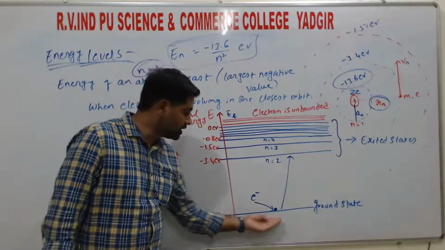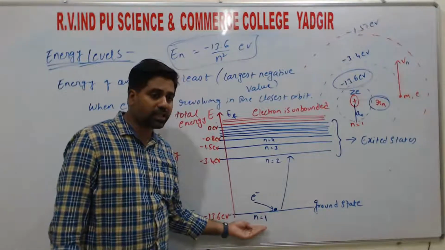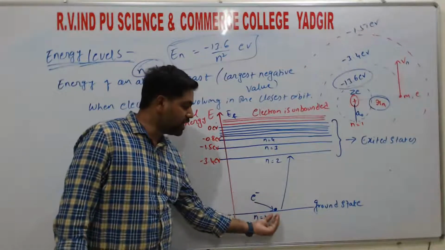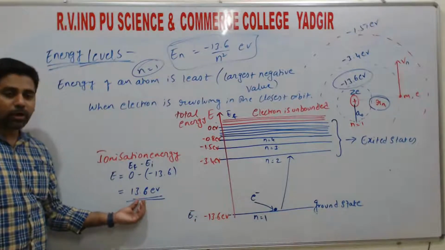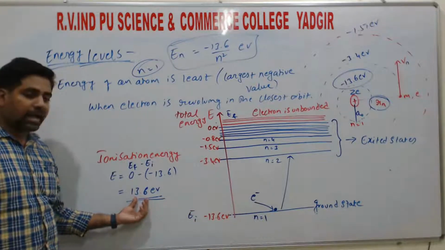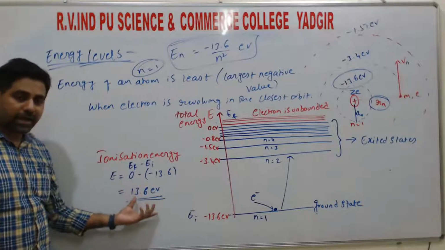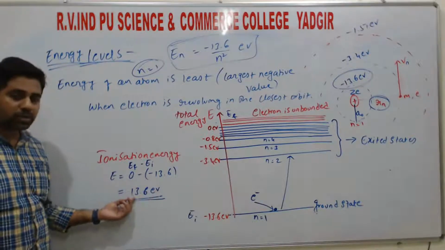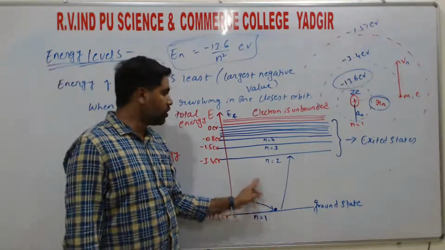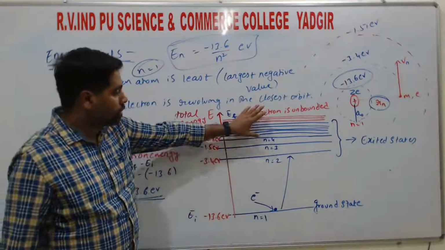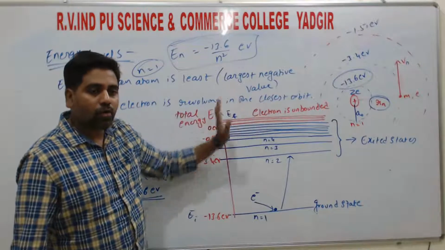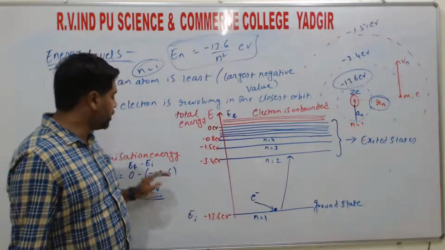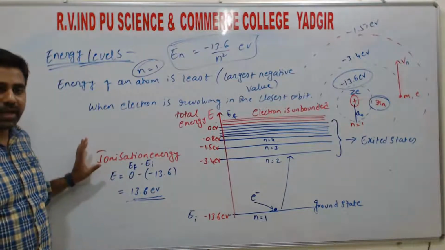The electron is present in this state, that is the ground state. When we give energy to this atom, how much energy will it require? 13.6 electron volt. So when the atom gains this much energy, the electron will shift out from this state, that is the unbound state. So that energy we call ionization energy.